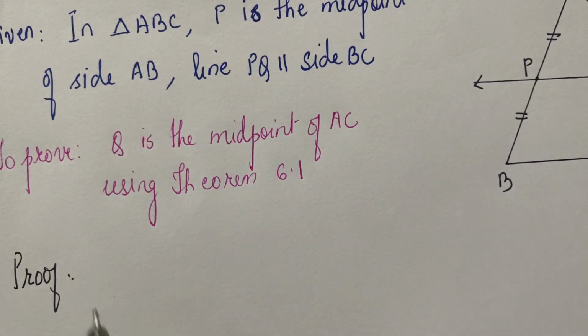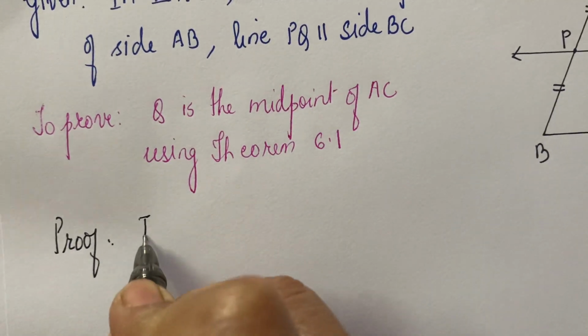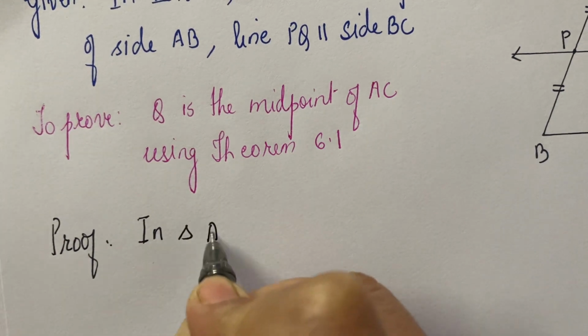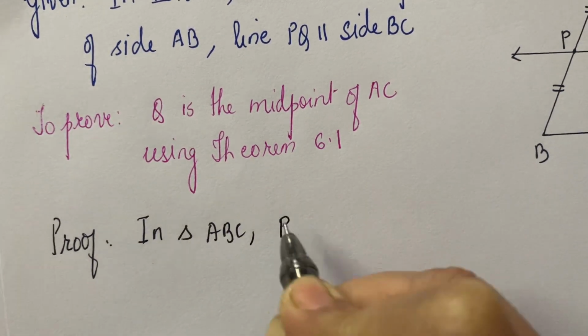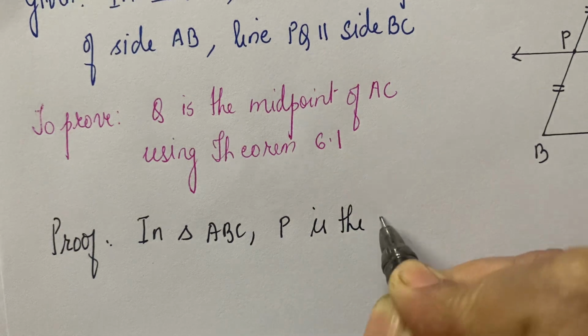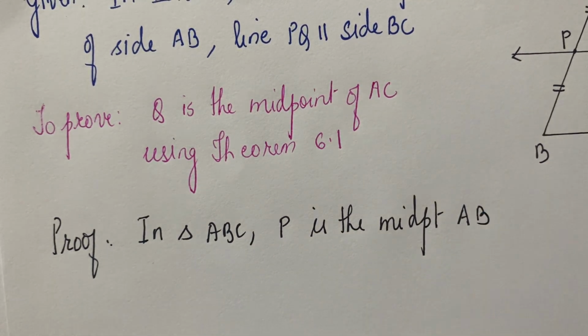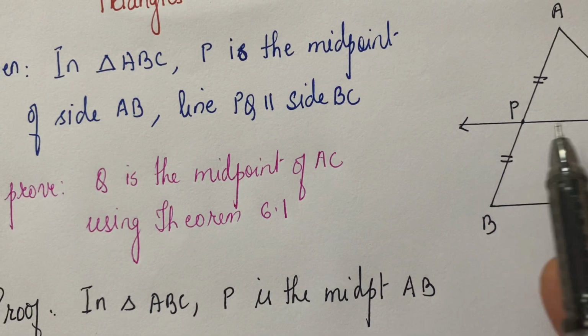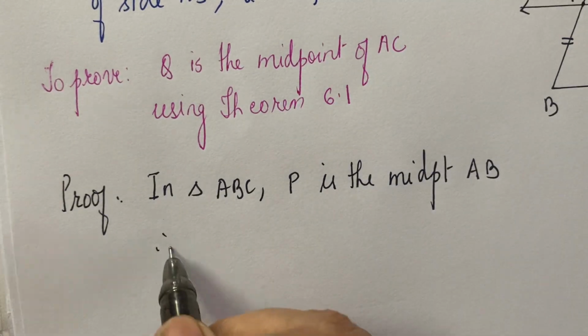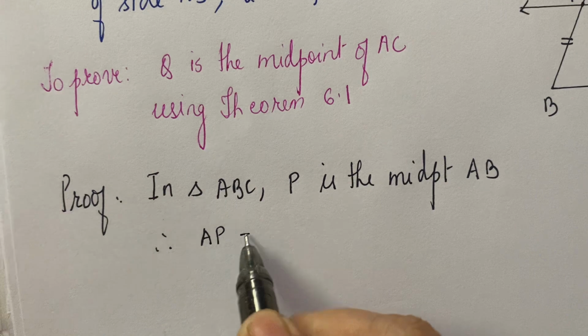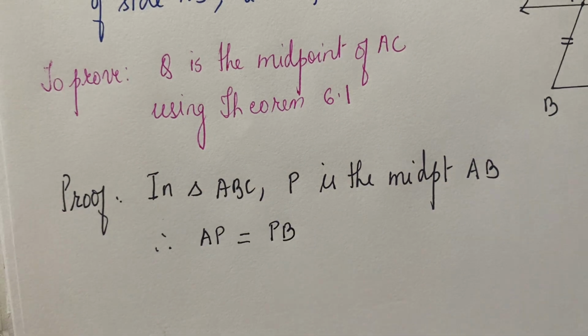So we begin. In triangle ABC, P is the midpoint of AB. Therefore, AP will be equal to PB if P is the midpoint.